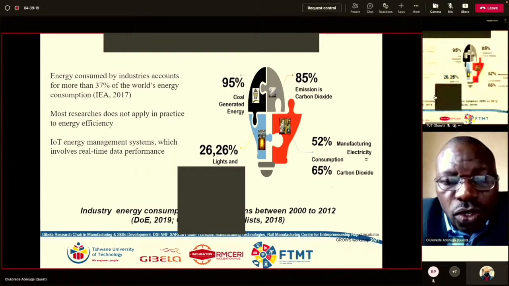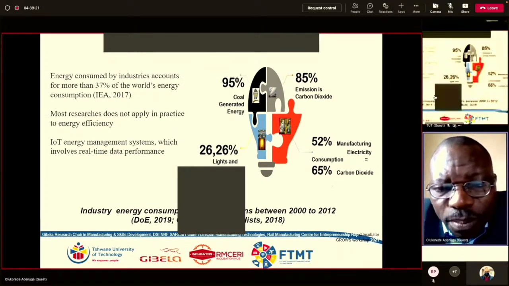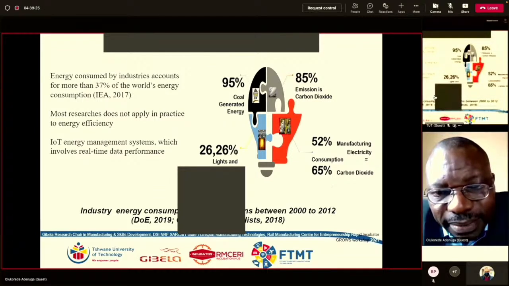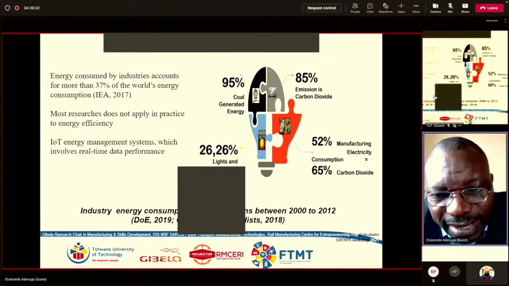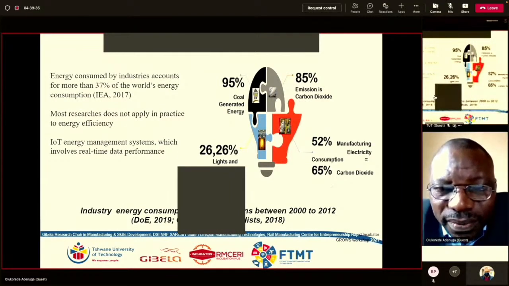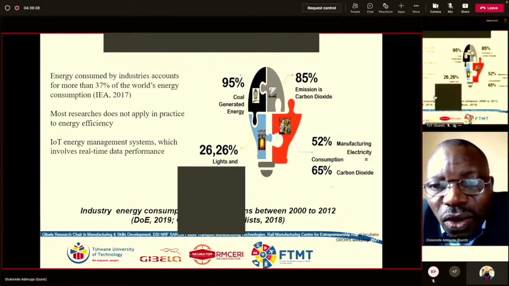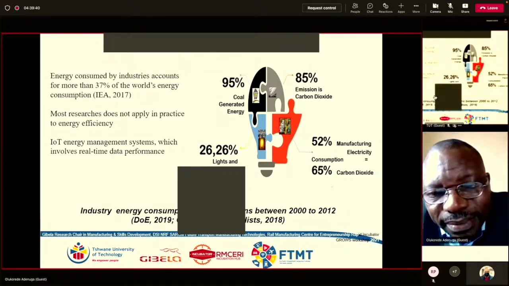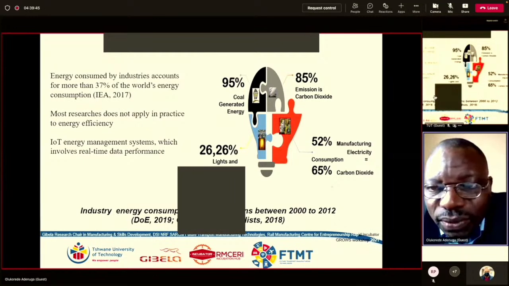And we realized that from the data we got from Gibela in 2018, prior to ramping up their production, 26.6% goes into lighting, ventilation, and other auxiliaries. But the bulk of it goes into lighting and ventilation.